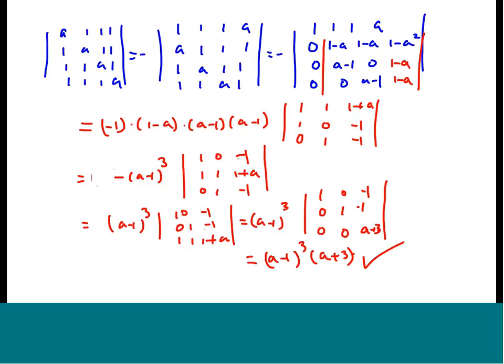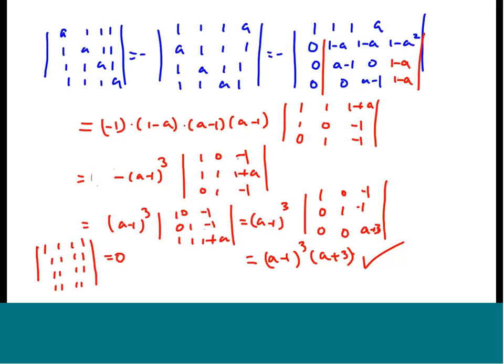Because first of all, if a equals 1, it's all 1s, 1, 1, 1, 1, 1, 1, 1, right? So this one is 0, right?